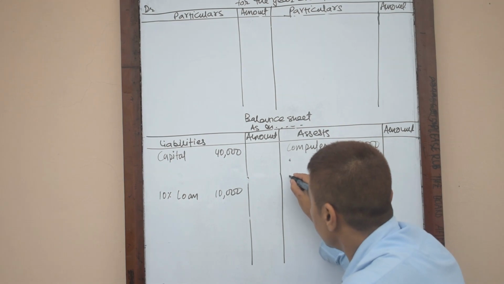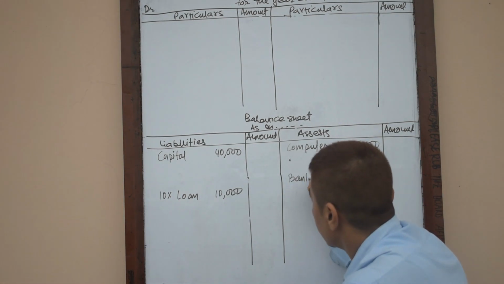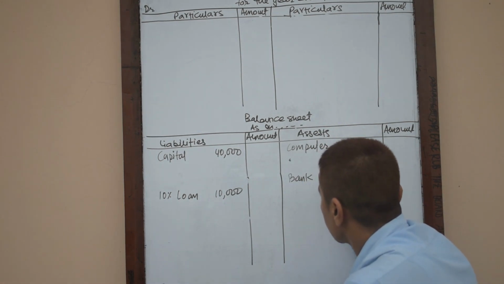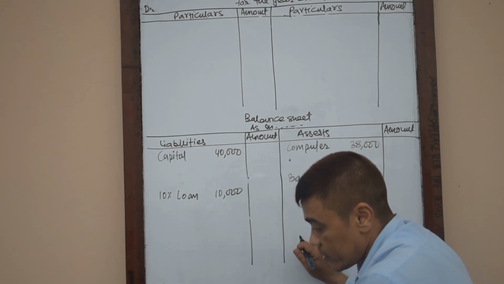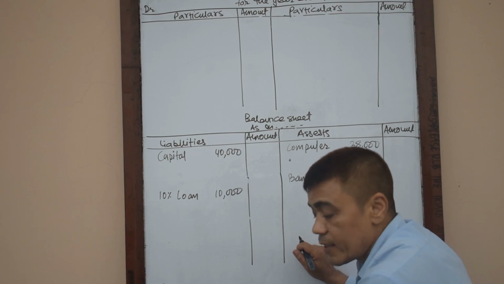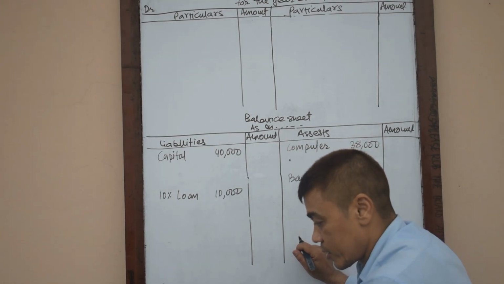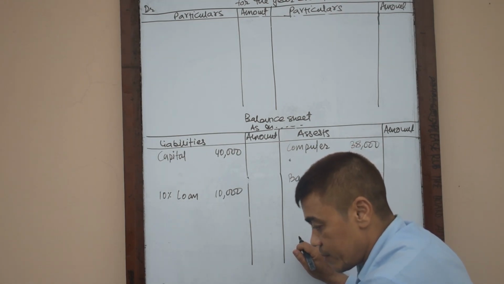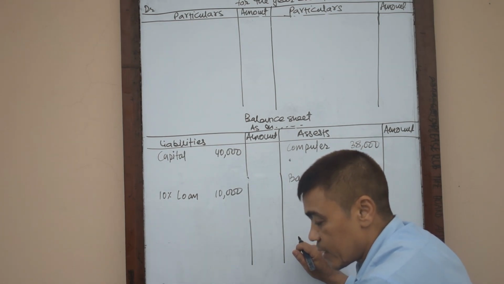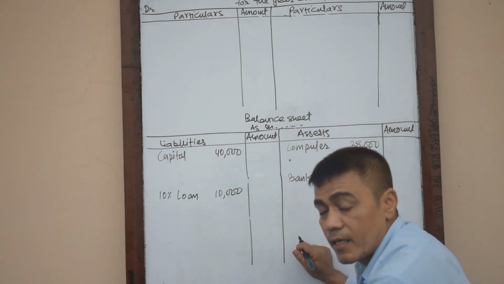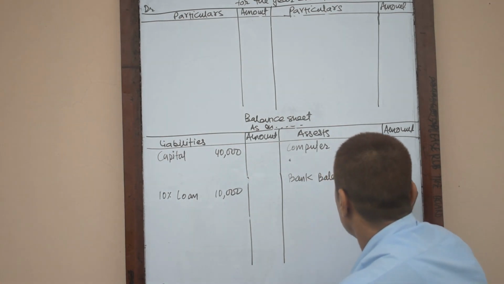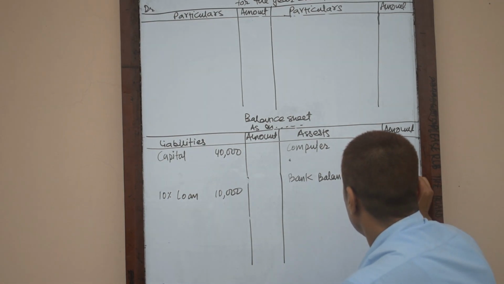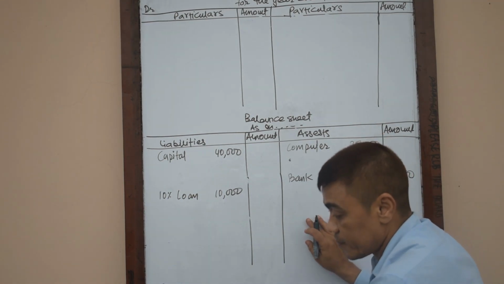And the bank balance is given. Bank balance, it was 8,500 before, but now we have to see the receipt and payment, and in the receipt, the balance sheet is 3,300. That signifies that this year 3,300 was remaining, so we will write 3,300 on this side.